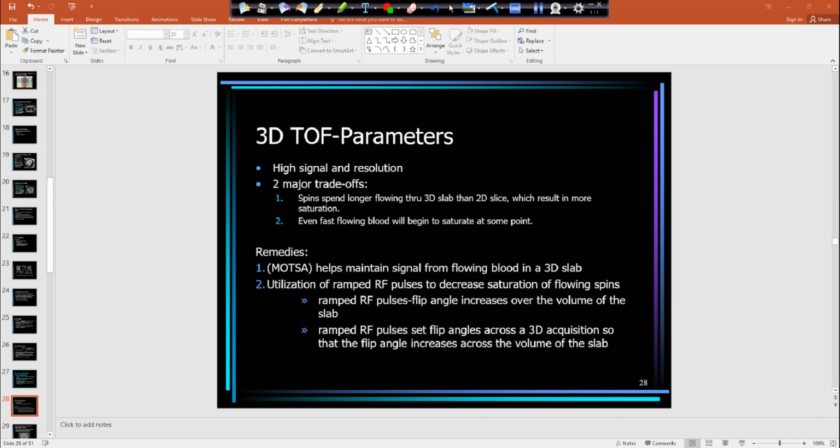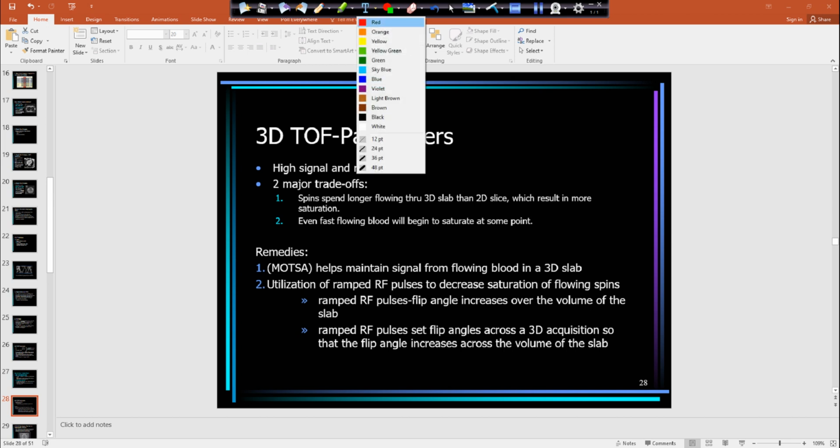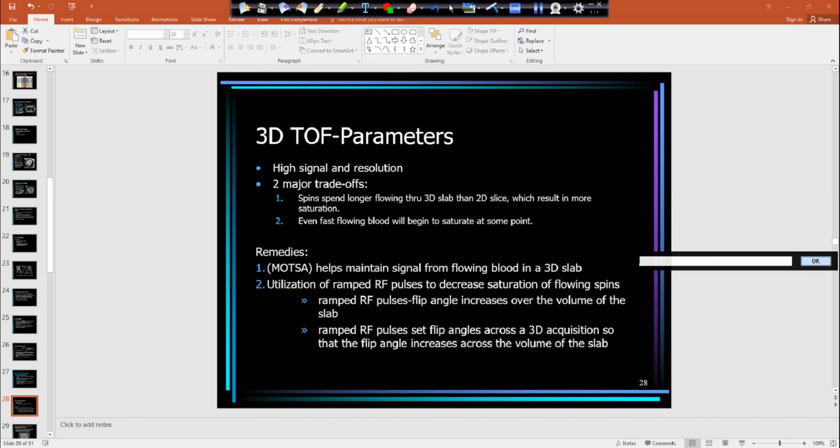So this ramped RF pulse means we start with a small flip angle and gradually increase it as we go through. This is sometimes also referred to as RF tone, if you see it on your scanner. A ramped flip angle is also called RF tone.